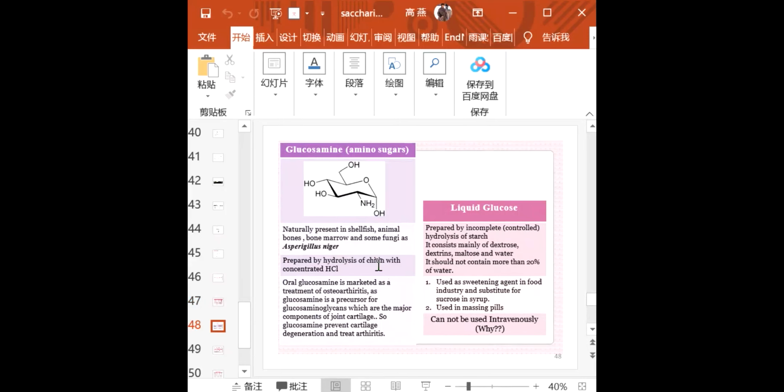So chitin is also a polysaccharide, and you will find that monosaccharides or disaccharides are always prepared from hydrolysis of a polysaccharide. Okay, so the glycosamine is prepared by hydrolysis of chitin with concentrated hydrochloric acid.